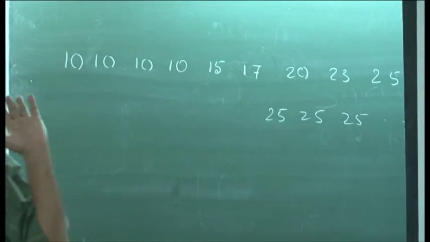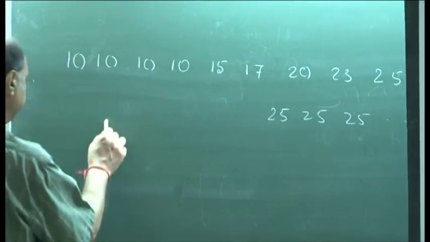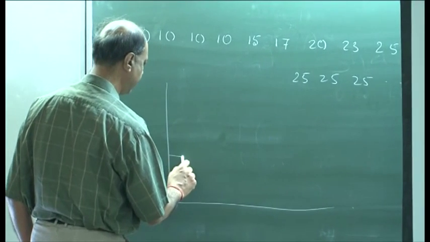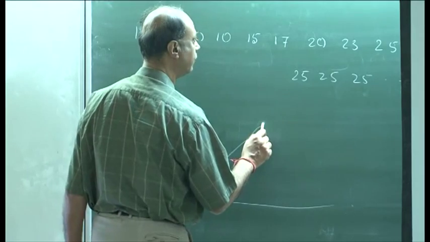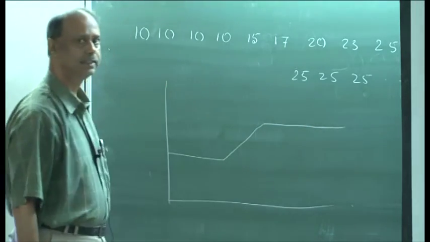These are the gray or intensity values of a row in an image. If I plot it, it will go like this: 10, 10, 10, 15, 20, 17, 23, 25. Am I right?